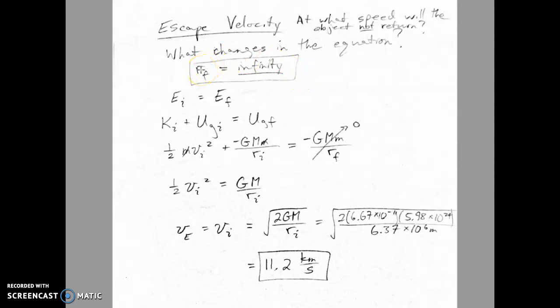So actually we want it to have zero gravitational potential energy at the final location and zero kinetic energy. So there's the equation for this one. Solve for the velocity, and that's the escape velocity. And you get 11.2 kilometers per second. So that's what it takes to launch a rocket from Earth and have it never return.